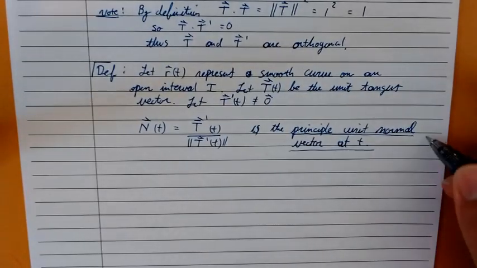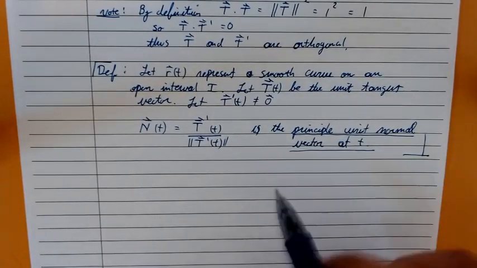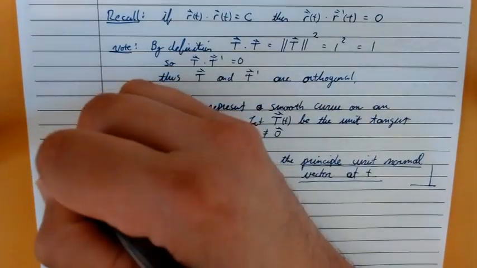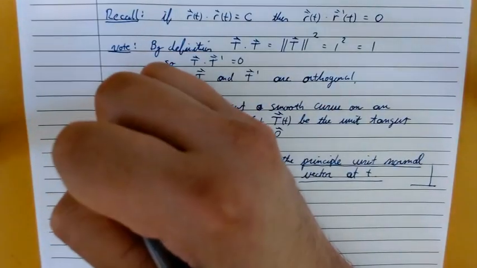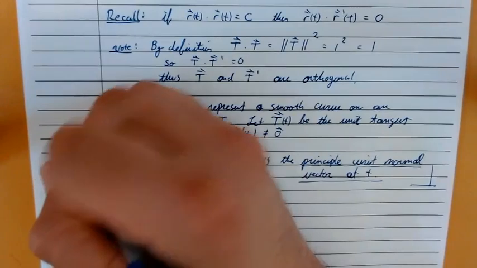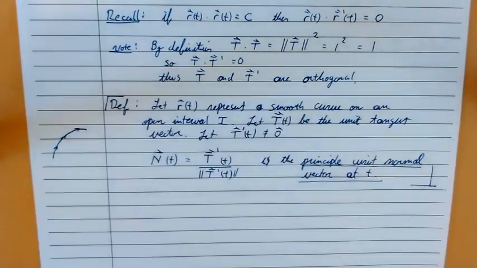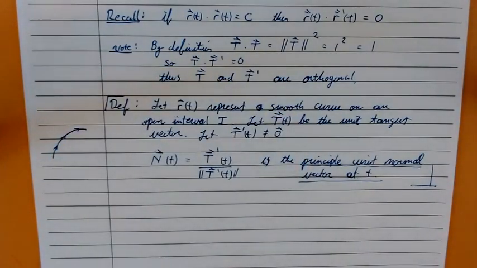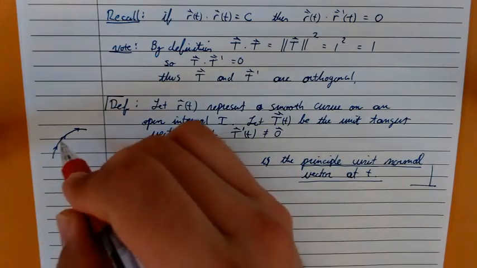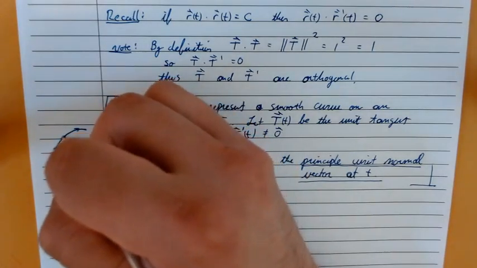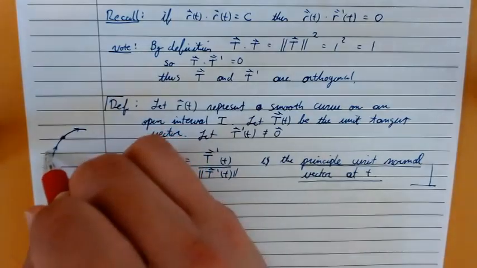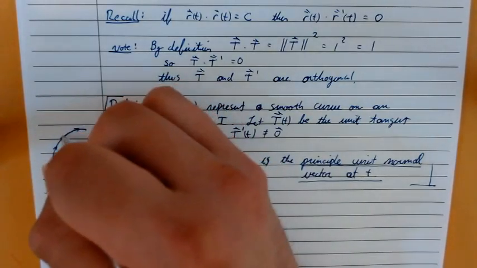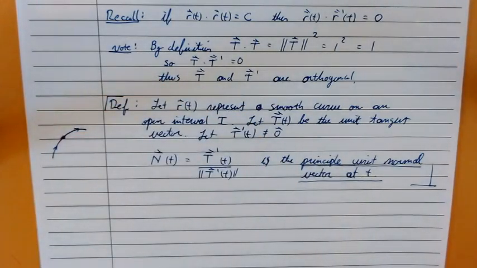As a quick visual of what we've defined in relation to what we've previously defined, here's a curve. It's got a particular orientation. If you take the derivative at a particular point, you're going to get a tangent vector. Let me put that in pencil.